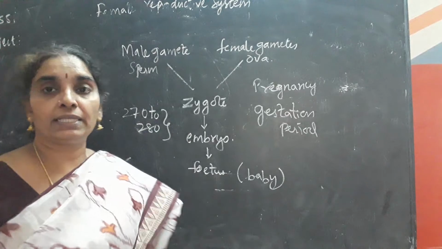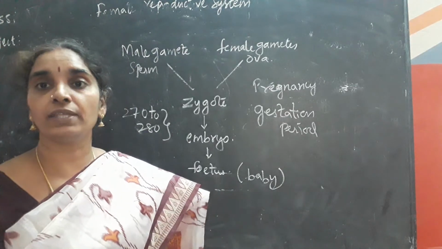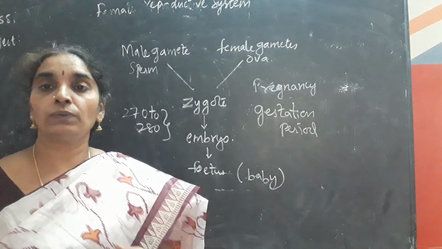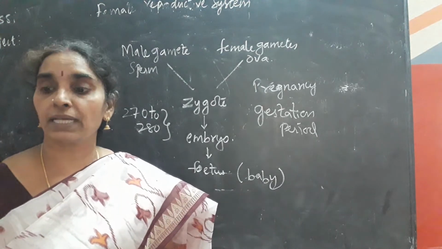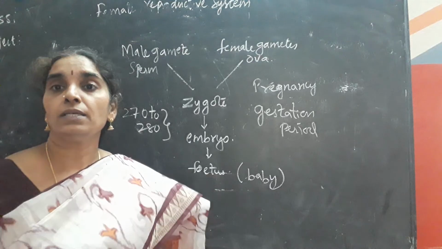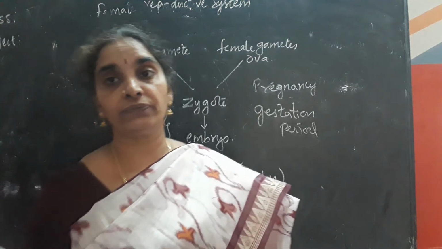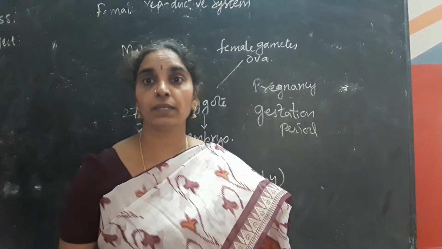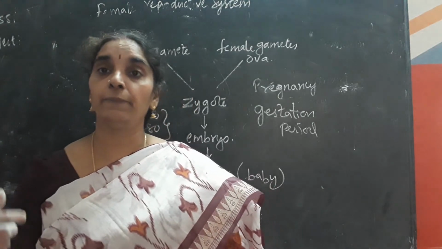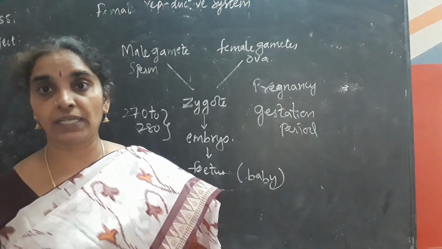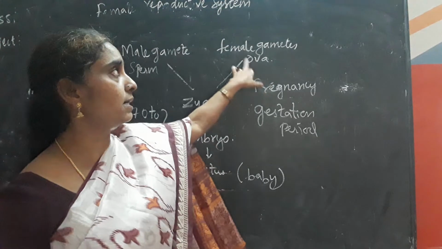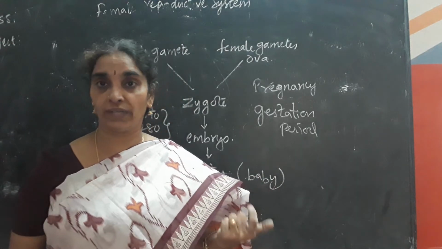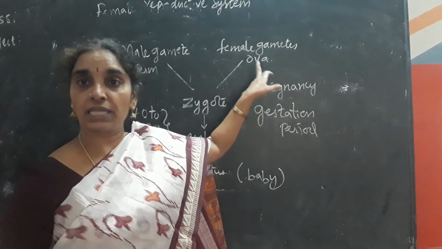Once again I will repeat the formation of the zygote, children. The male reproductive system consists of the pair of testes, which release sperms. Testes release millions of sperms, and these sperms fuse with the ovum released by the female reproductive organ, the ovary. It is released every month, you know.